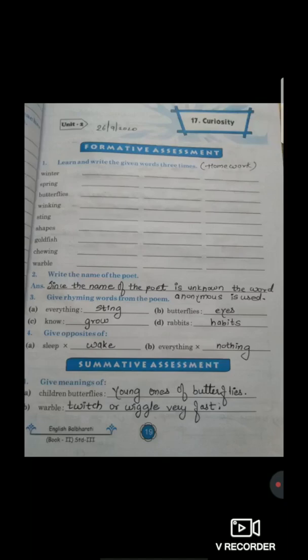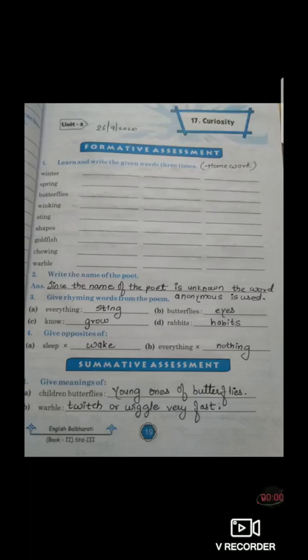Question number 2. Write the name of the poet. Students, in question number 2, it is said that we have to write the poet's name. But in this poem, poem number 17, Curiosity, the poet's name is not written. So what will be the answer?